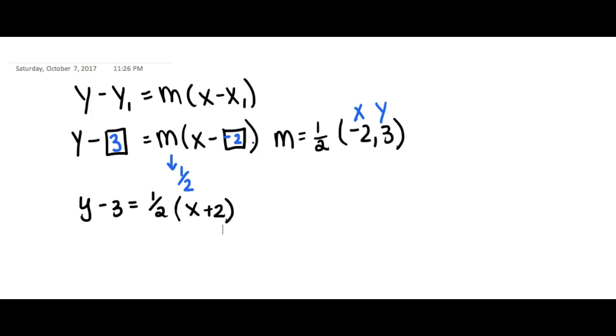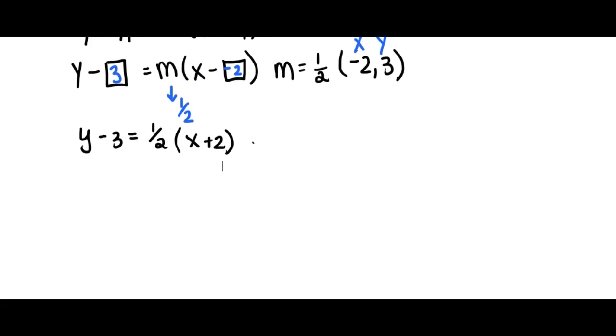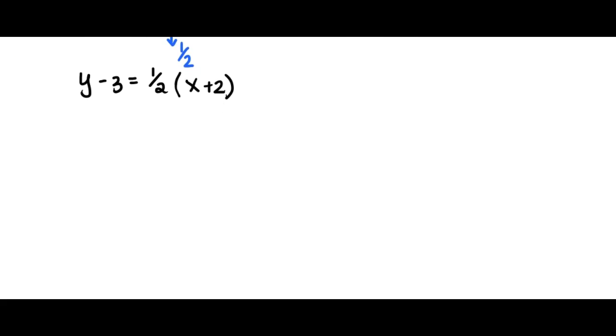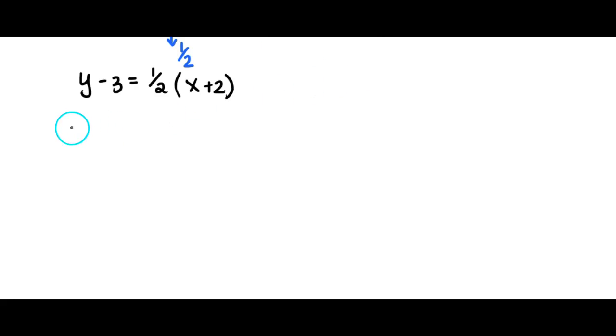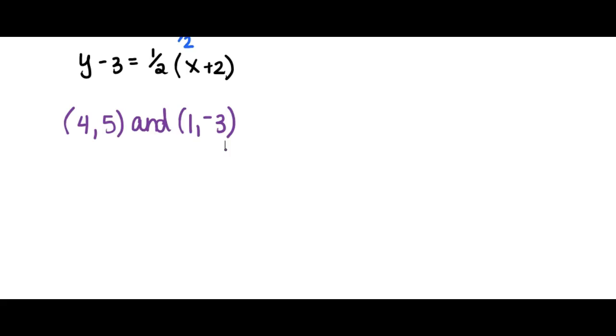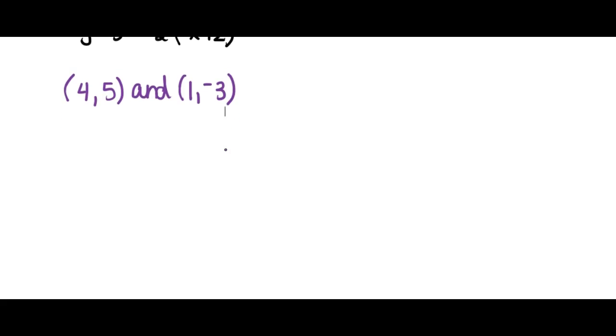And that's all. Sometimes, though, what they will do, and I'm sure you guys have noticed this too, is we will have two sets of points. So 4, 5, and then it says and, see, 1, -3. So they give us these 2 points initially just so we can find our slope.